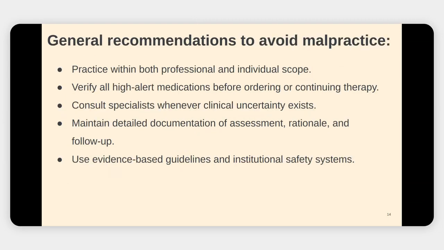Some general recommendations to avoid malpractice include always practicing within both your professional and individual scope of competence, independently verifying all high risk medications and diagnostic findings before making treatment decisions, consulting specialists whenever clinical uncertainty exists, maintaining thorough documentation that clearly reflects clinical reasoning, patient education, consultations, and follow up plans, and using evidence based practice and institutional safety systems.